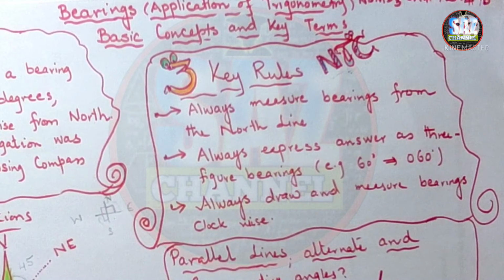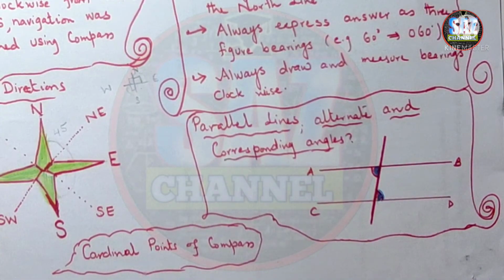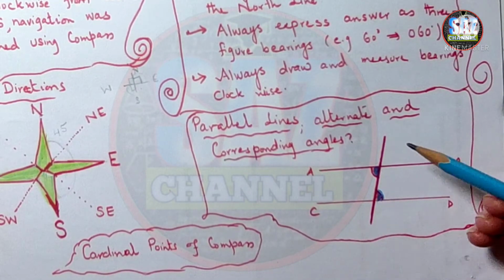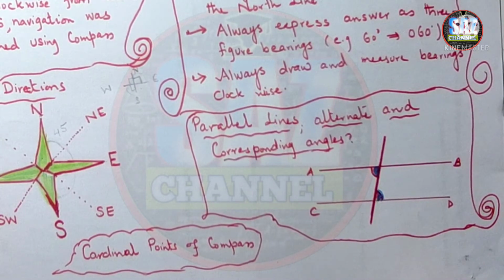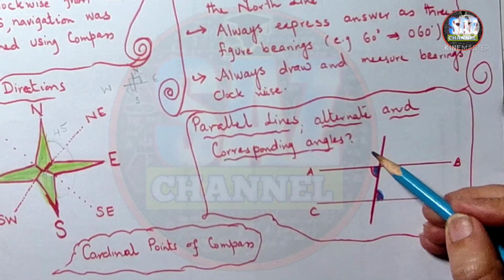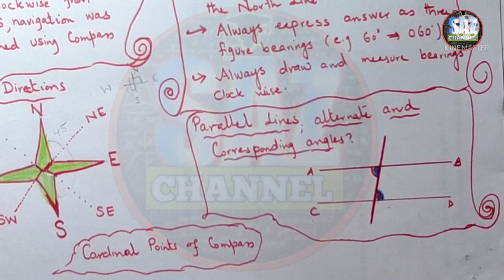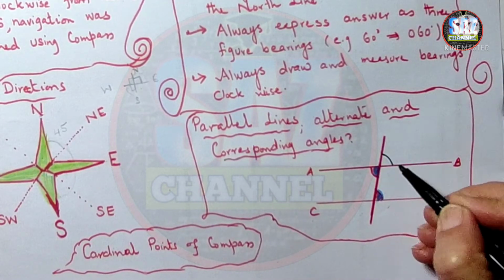Coming to the parallel and perpendicular lines and the concept of alternate angles, we know that when two lines are parallel to each other and a third line cuts those two parallel lines, then a total of 1, 2, 3, 4, 5, 6, 7 and 8 angles are formed. Out of these 8 angles, I'm marking these angles in black pen.